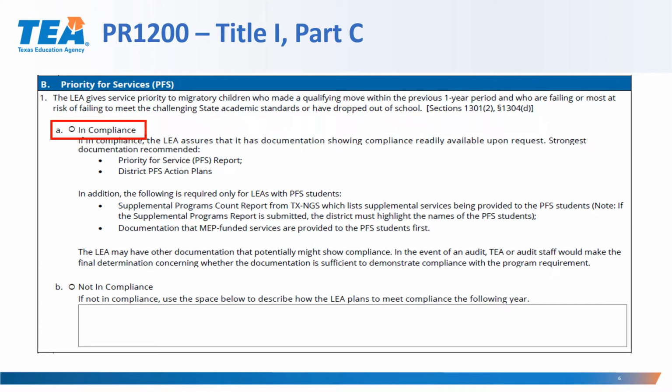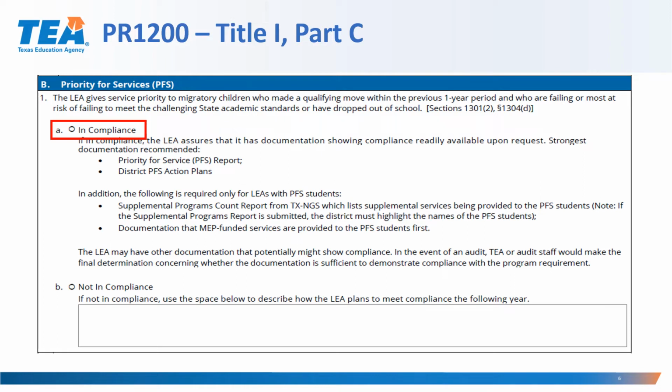Now, when we mention the PFS District Action Plan, we really want to see that the report takes into consideration the unique needs of the district. If you're looking at a PFS action plan that was completed for an SSA district, we want to see that the fiscal agency is taking into consideration the unique needs of the district.